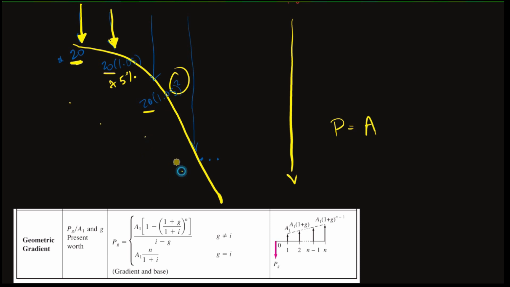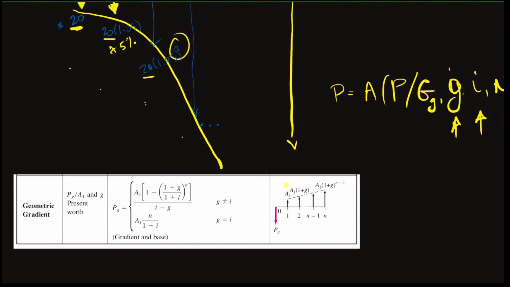Before it was 0, 5, 10, but now it's 20, and then it's 20 times something, and then it's 20 times something. So you've got to start off with that uniform series amount, and then put in P given G. This is geometric, and then you would have the geometric rate and the interest rate. Oops, so this should be g, and then i, and then n, just as before.